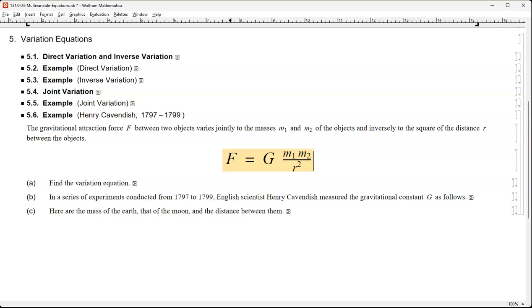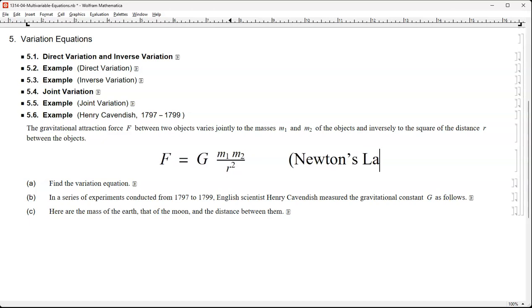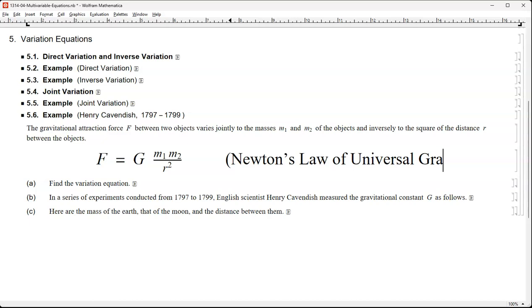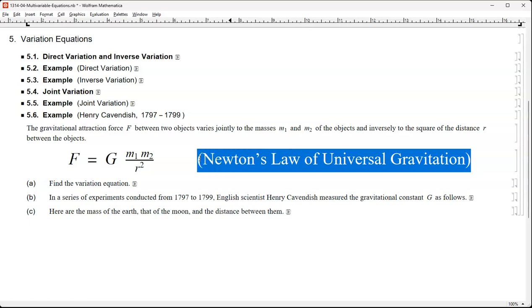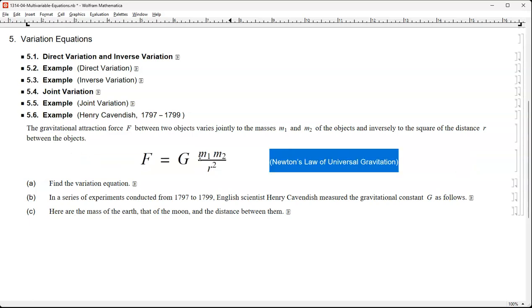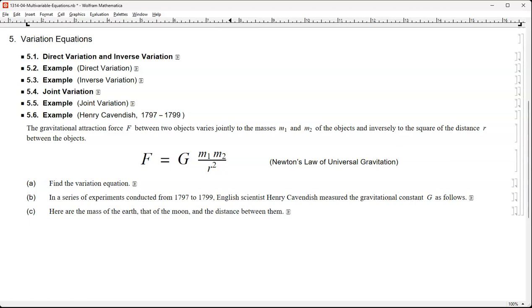And this thing is typically known as Newton's law of universal gravitation. Very, very famous equation.